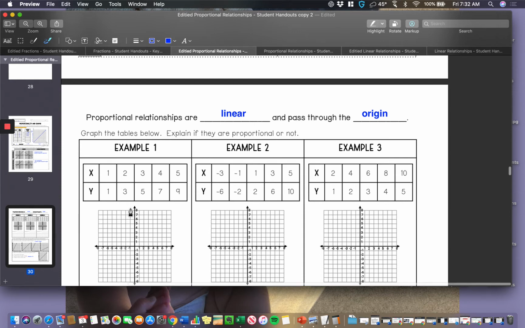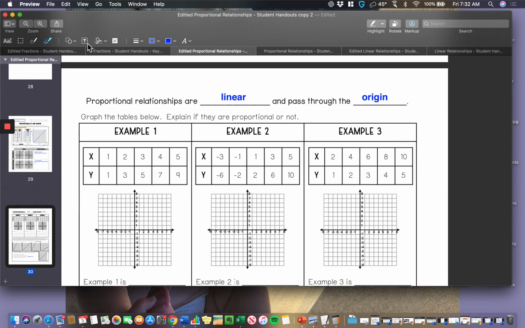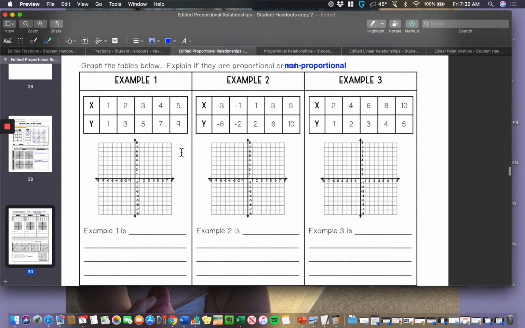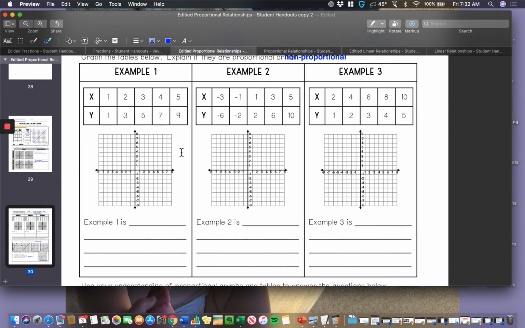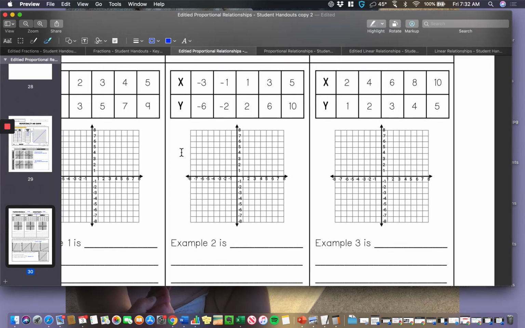So it will be non-proportional. So instead of "not," you can write non-proportional. Proportional or non-proportional.